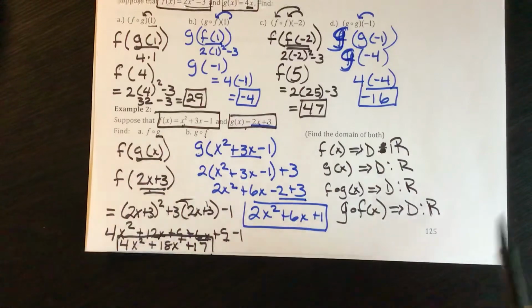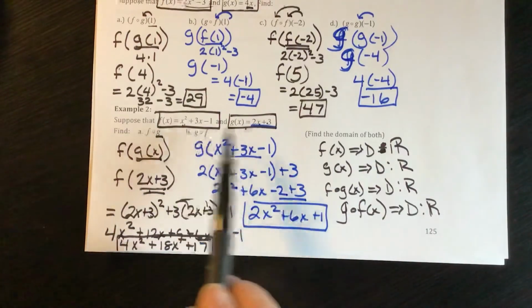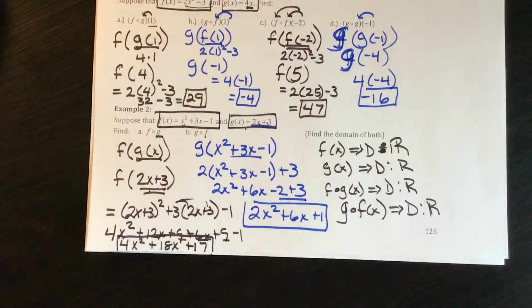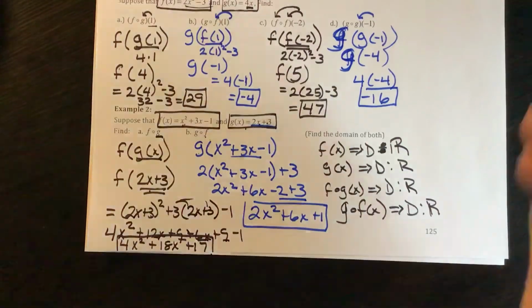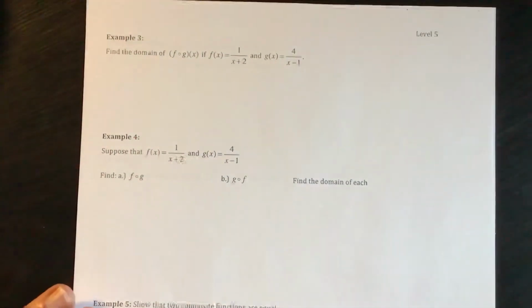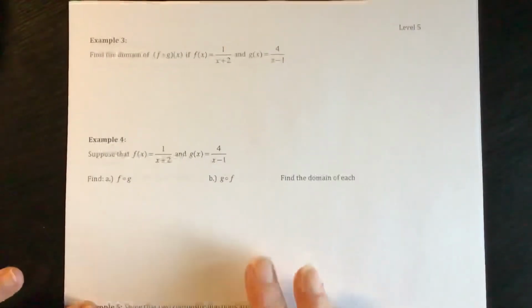Okay, so looking at when I have two polynomial functions, one inside the other, generally I'm going to have the domain of all real numbers. But that's not the case so much when we're working with non-polynomial functions.